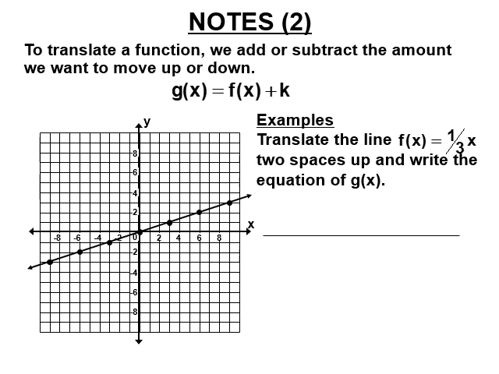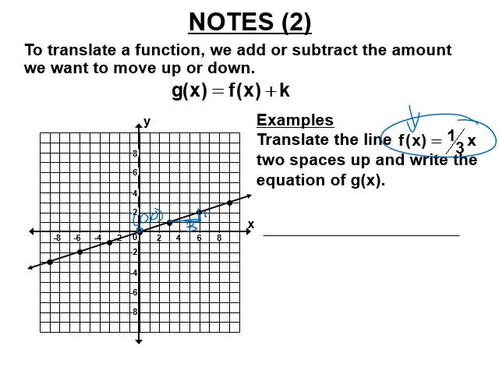So we're going to use this notation of g of x, right? The original function will be in function notation f of x, and when we get the new function, we can write it as g of x, simply because g is the next letter in the alphabet. So this is f of x equals 1/3 x, right? The slope here is 1/3, the y-intercept is 0, 0.